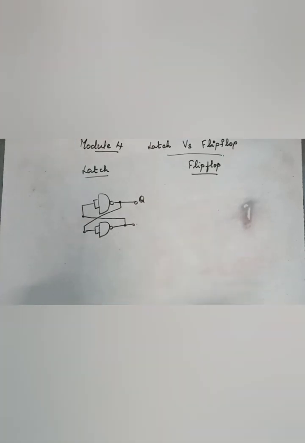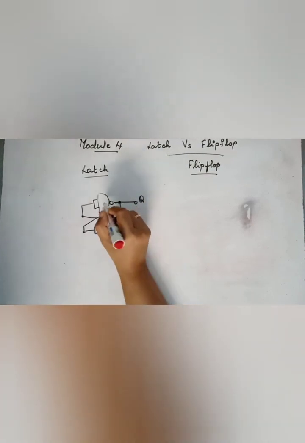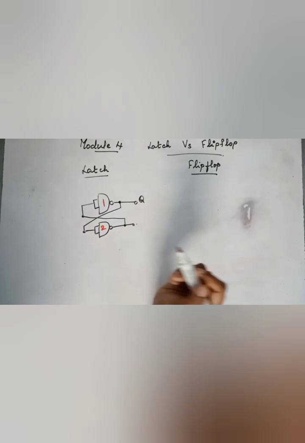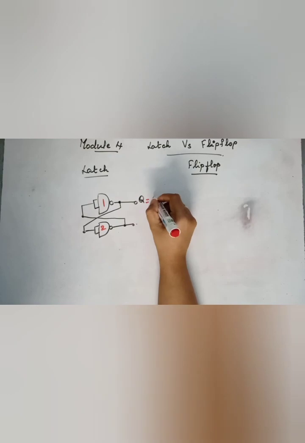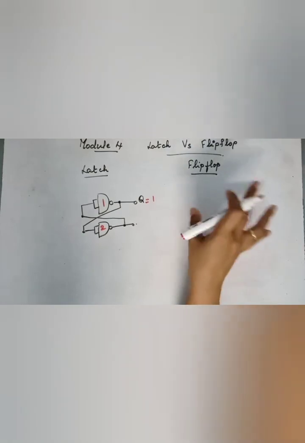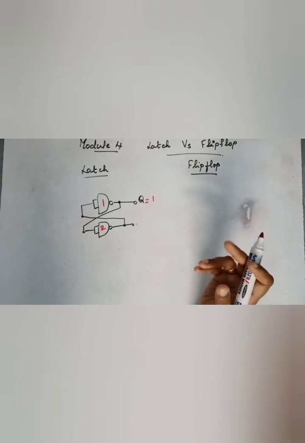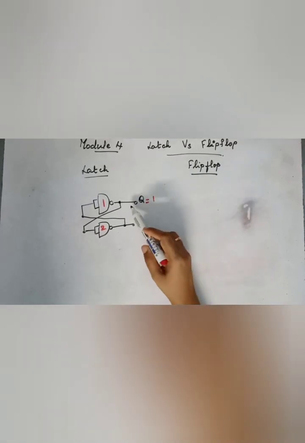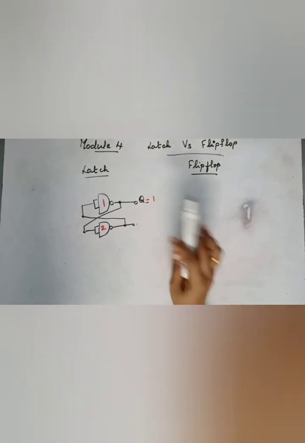And when it is switched on, suppose this is the first NAND gate and this is the second NAND gate. The output of the first NAND gate becomes, say, equal to 1. There is no compulsion that it should be 1, it can be 0 also. I am just assuming that this is 1. When the power is switched on, the output of the first NAND gate comes to some voltage, which is either 0 or 1.